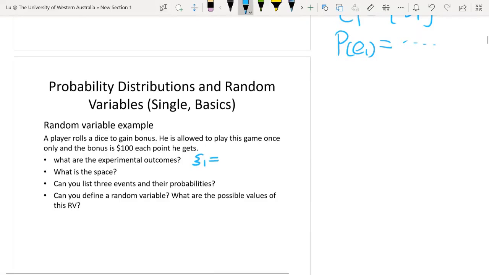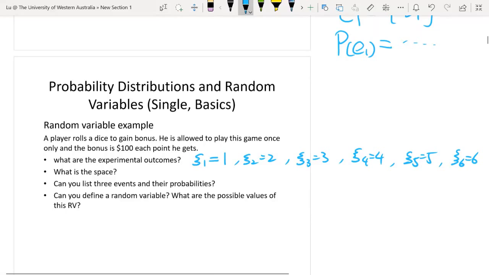Zeta1 is 1, this means 1 point on the face towards up after you roll the dice. Zeta2 will be 2 points, Zeta3 will be 3 points, Zeta4, 4. Only 6 possibilities as the 6 outcomes from this particular experiment.